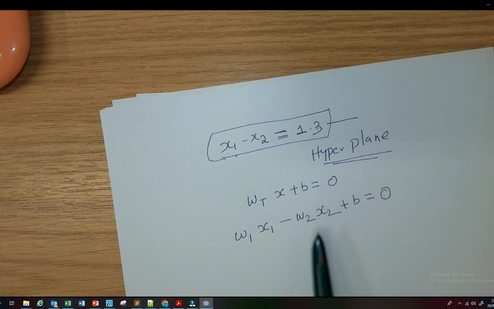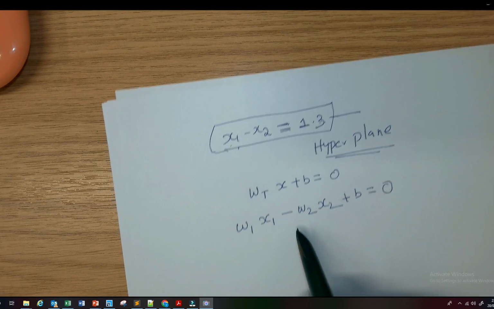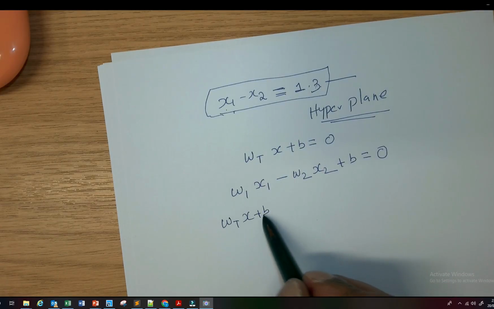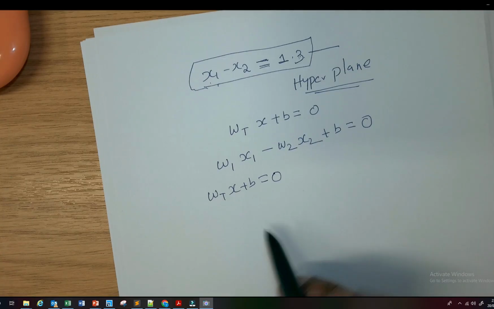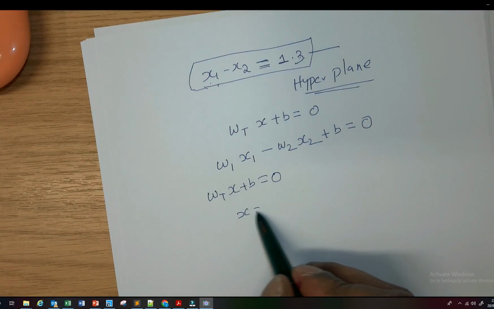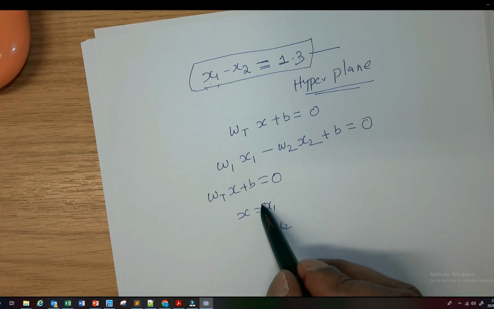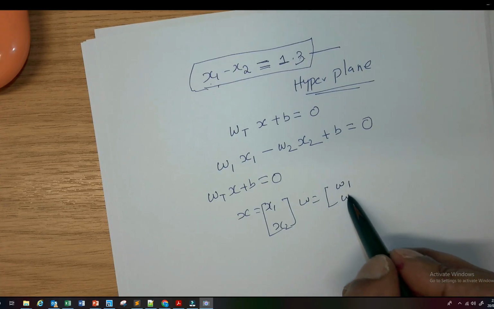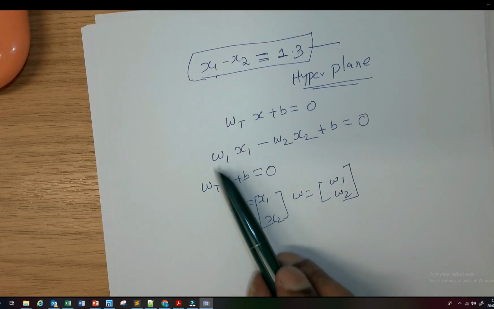So how to do that? If you remember, I already explained the equation of a hyperplane is w transpose x plus b is equal to 0, isn't it? If you have two features, x is equal to x1 x2, then w has the same dimension, w1 and w2.